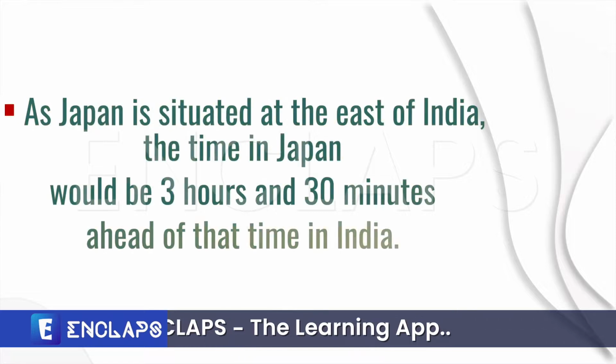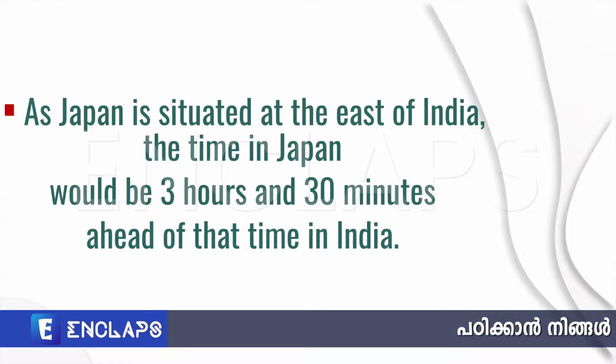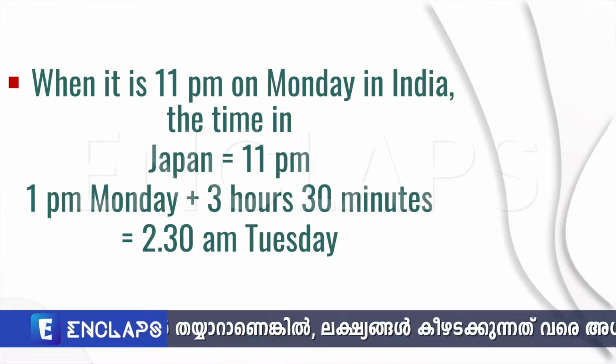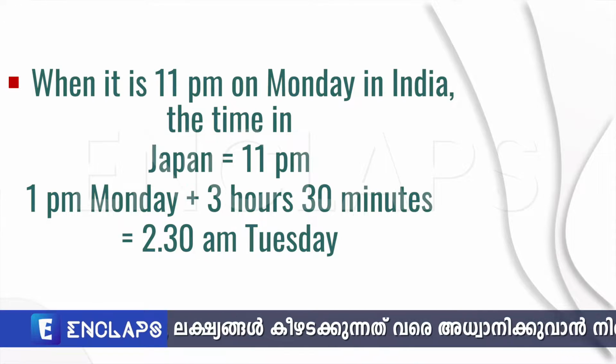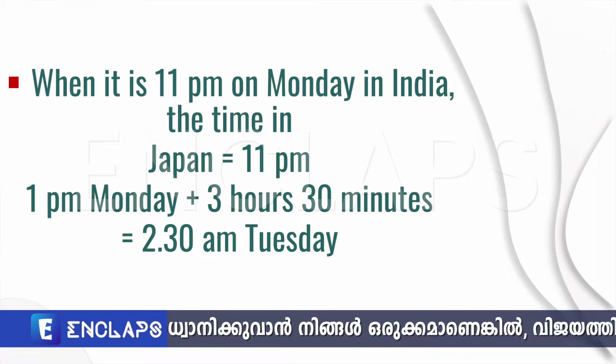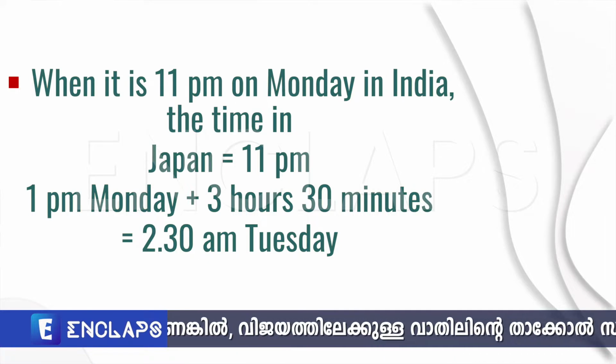As Japan is situated to the east of India, the time in Japan would be 3 hours and 30 minutes ahead of the time in India. When it is 11 pm on Monday in India, the time in Japan is equal to 11 pm Monday plus 3 hours 30 minutes, which is equal to 2:30 am Tuesday.